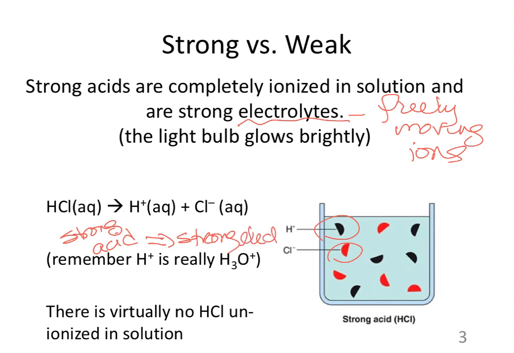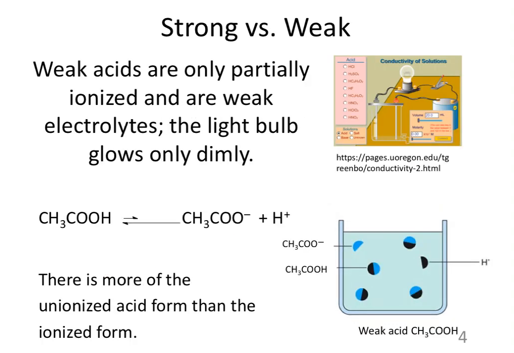And a weak acid or base, which doesn't dissociate very much into individual ions, would be a weak electrolyte. So, in other words, the more freely moving ions you have in the solution, the stronger it conducts electricity, the stronger the electrolyte is.